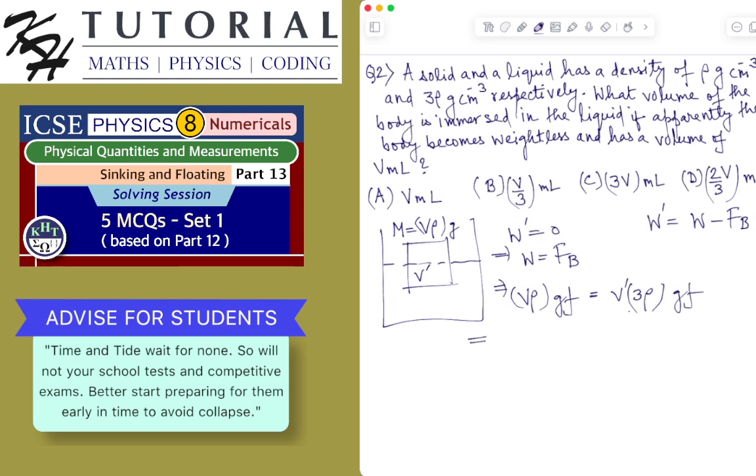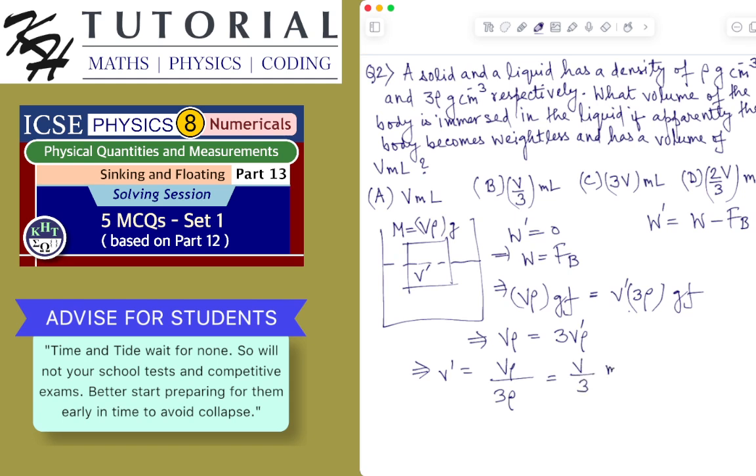So I can ignore the unit from both sides, and I have V rho is equal to 3 V dash rho. This implies that V dash is equal to V rho divided by 3 rho. Rho cancels out, so this is equal to V by 3.